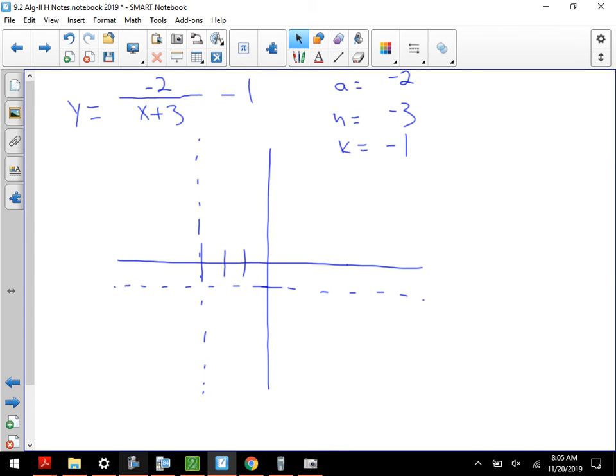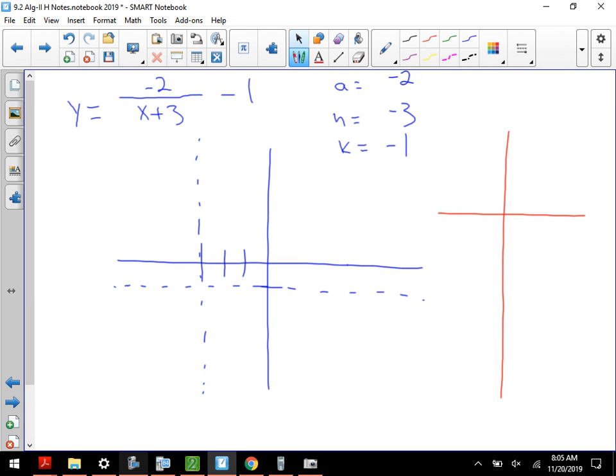So what we do is we just pick some points. I'm going to pick a couple of points to the left of it, a couple of points to the right of it. So I'm going to use -5, -4, -2, and -1. Let's walk through what my values will be.